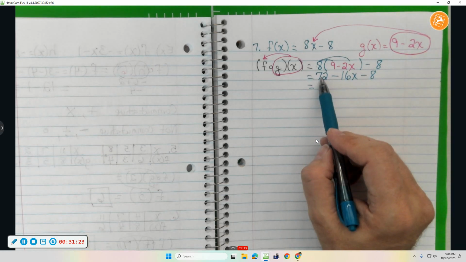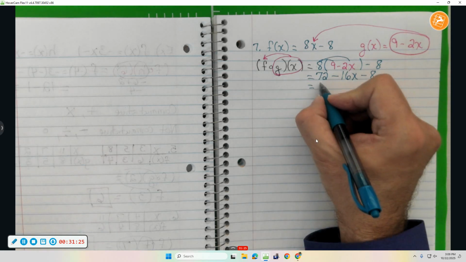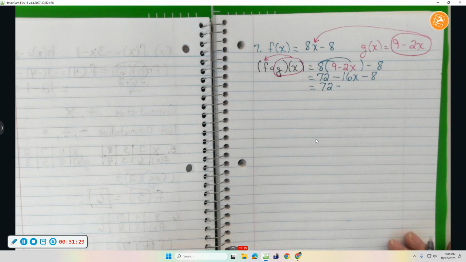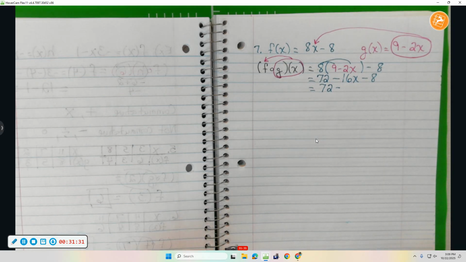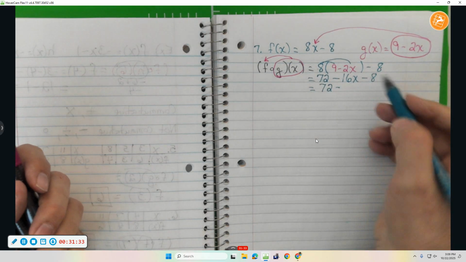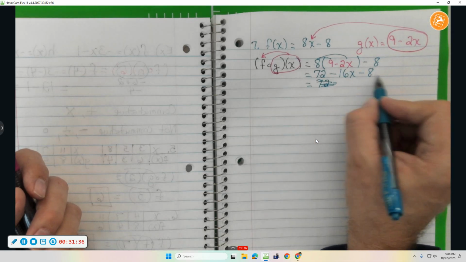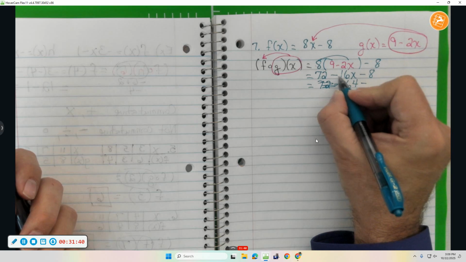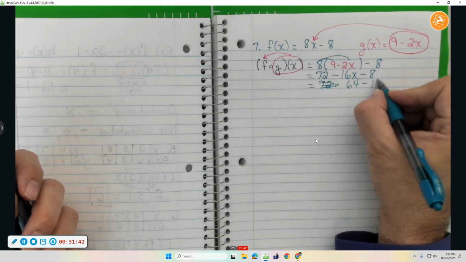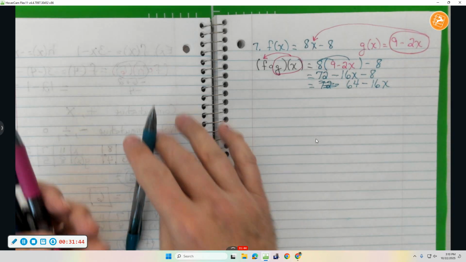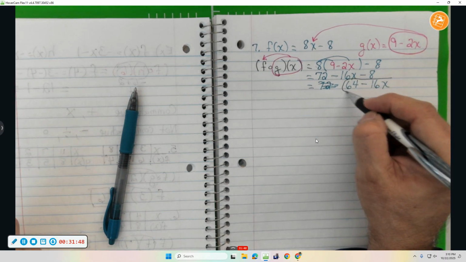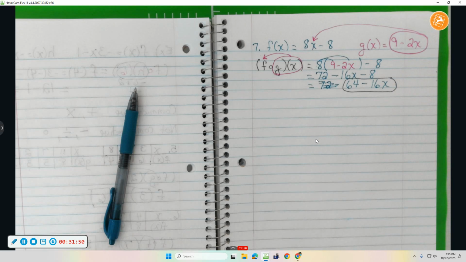Just a 72 minus 8? That's going to give us 64. Then a minus 16x. There's our answer for f composed with g of x.